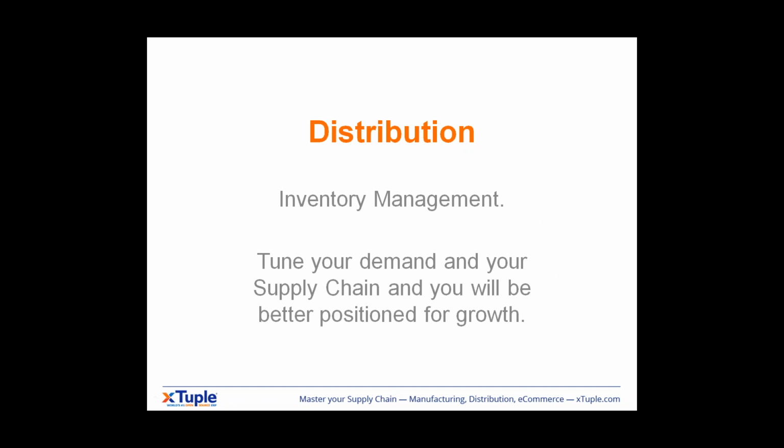So distribution, inventory management, tune your demand to your supply chain and you will be better positioned for growth. If you're a small distributor out there and you're just running accounting software and you finally land those larger customers, you reach the point to where you're growing like crazy. You need to deliver material from it.